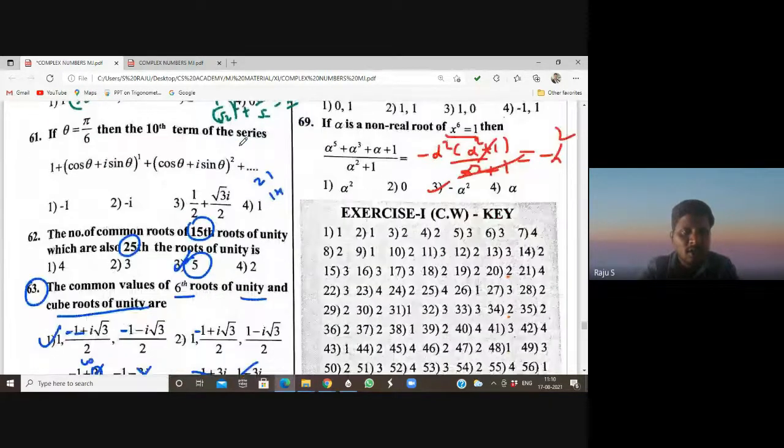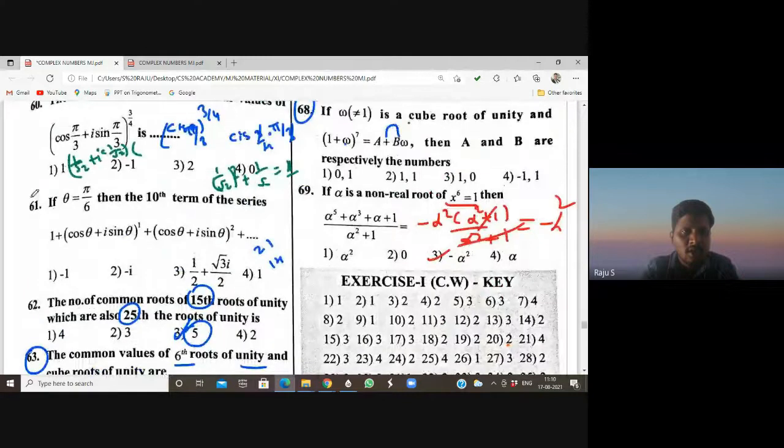So here a few questions we left, question number 61. When theta is equal to pi by 6, then the 10th term of the series. It is a series: first term, second term, third term, like that. What is the 10th term they ask? What is the 10th term?